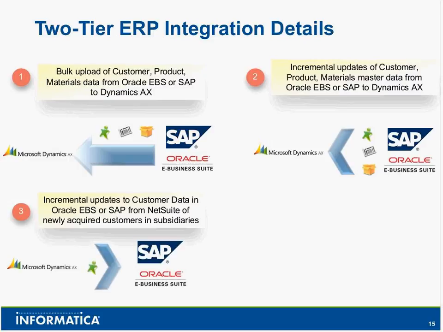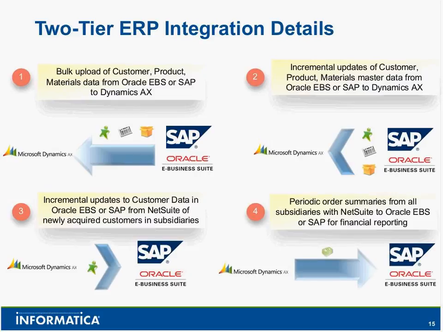And then more of an incremental update of customer data in Oracle or SAP from NetSuite or AX or newly acquired customers and subsidiaries. And then a periodic order summary from all your subsidiaries with AX or NetSuite to Oracle EBS or SAP for financial reporting. That's the flow of a two-tier ERP that we've seen, and we worked with a number of customers on implementing.